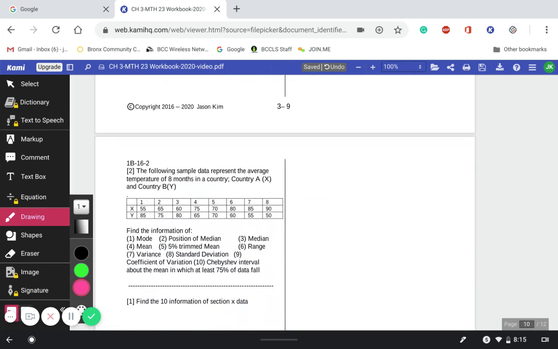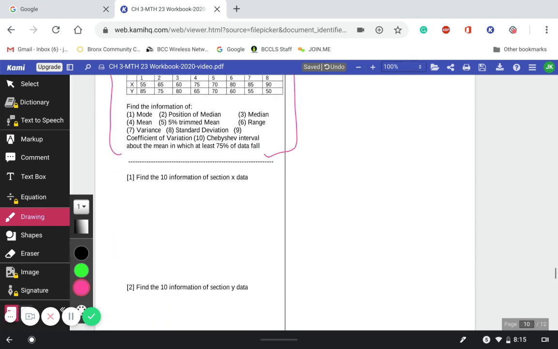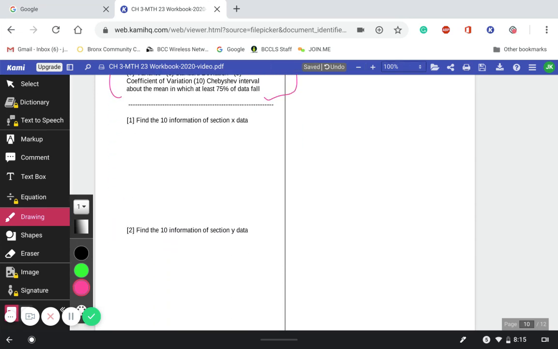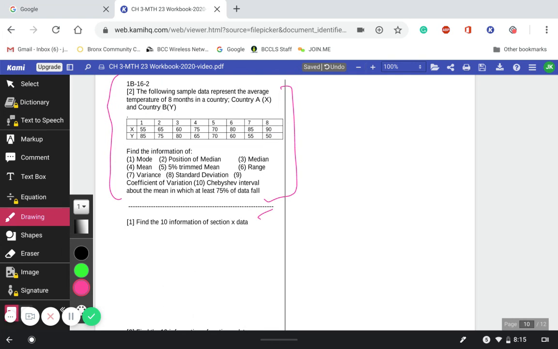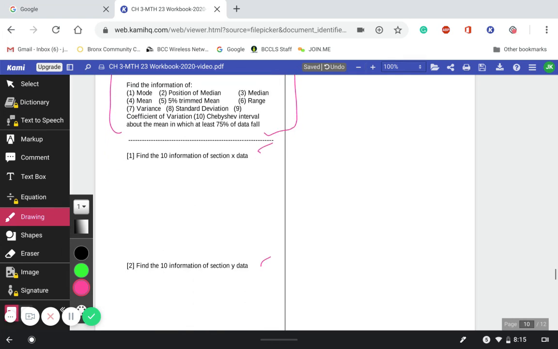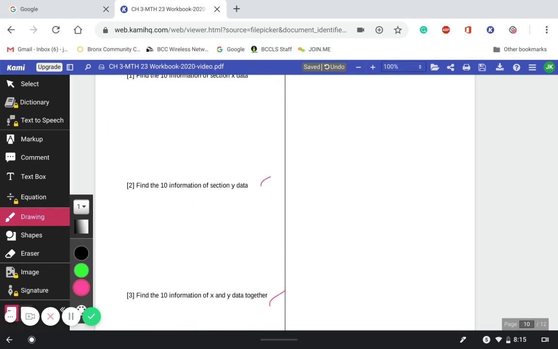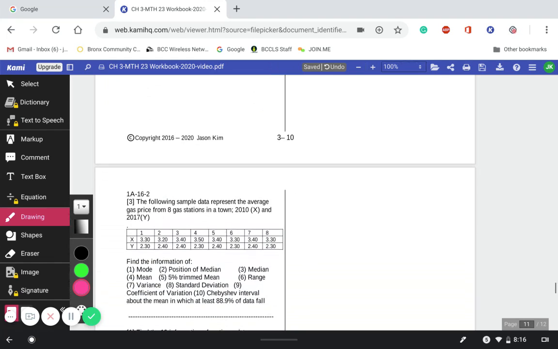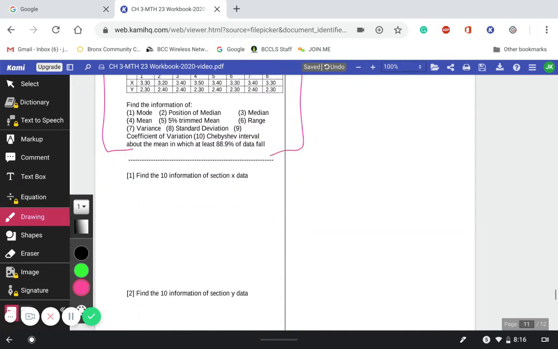And I have another exercise of this. Again, with 10 of X data and 10 of Y data and 20 of XY data. I'm sorry, but another exercise. I have plenty of exercise.